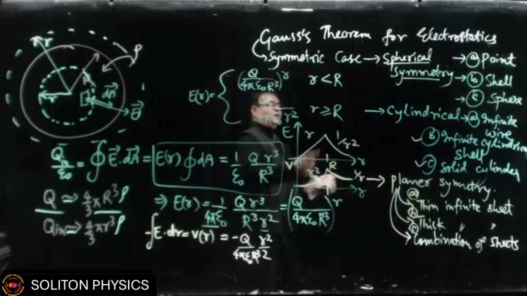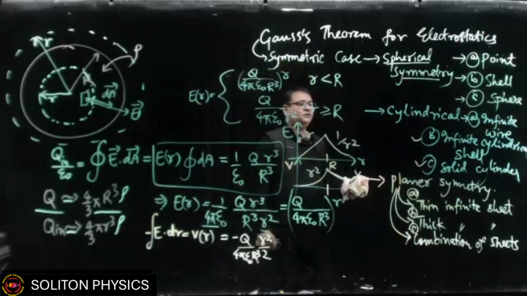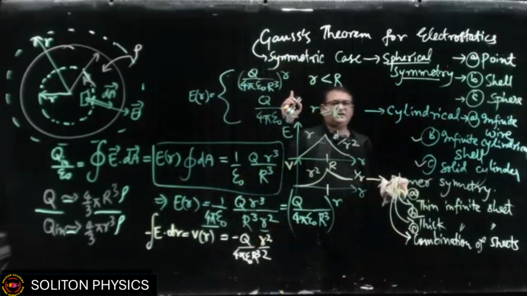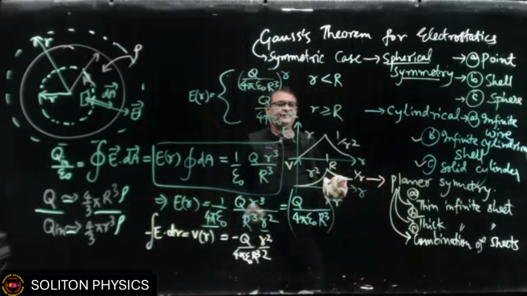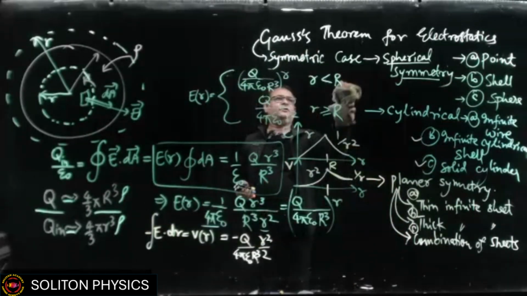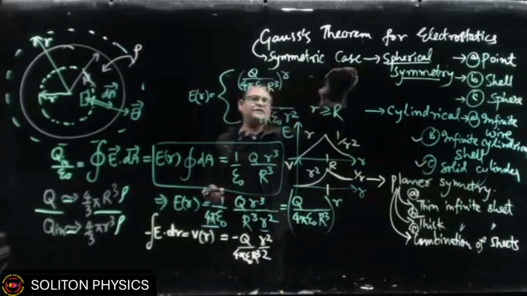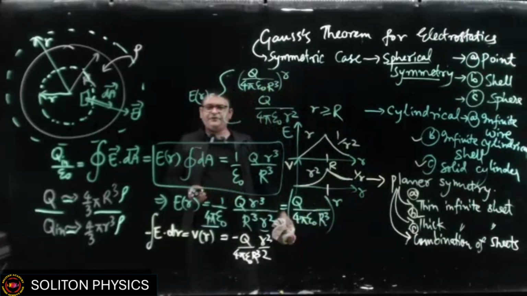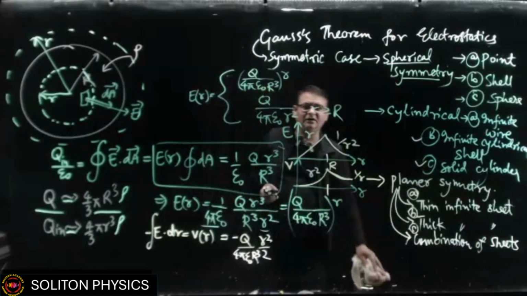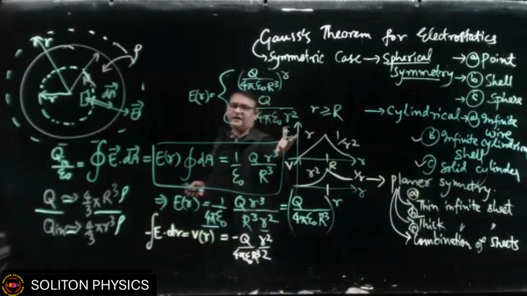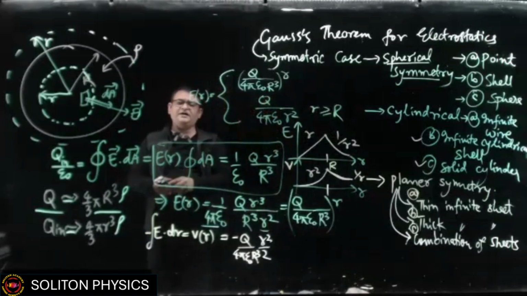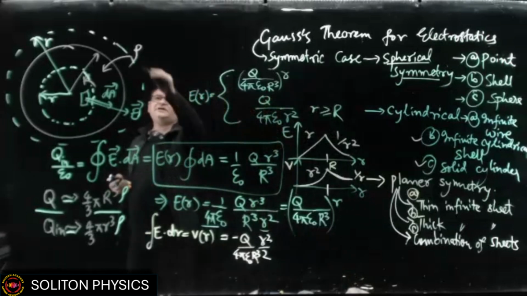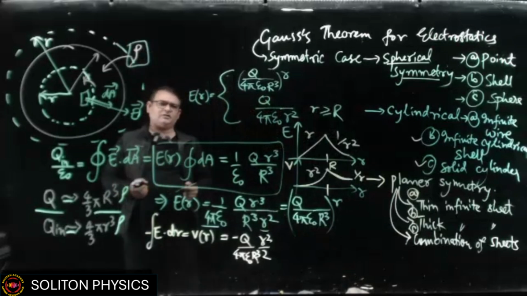So this is the case for spherical symmetry. Next, we have to do the case for cylindrical symmetry. But before moving further, in AP electromagnetism, sometimes they don't use the constant rho model.